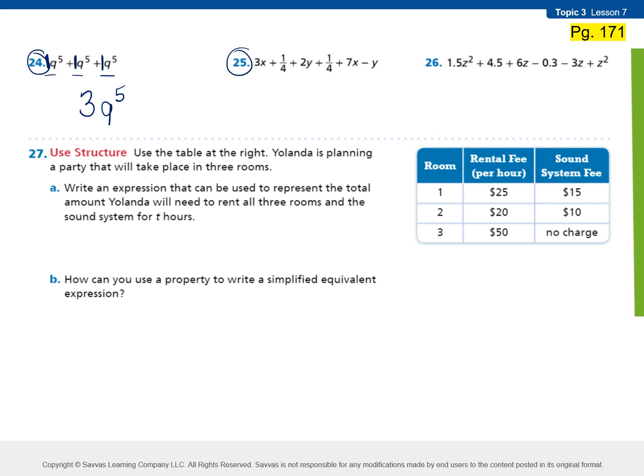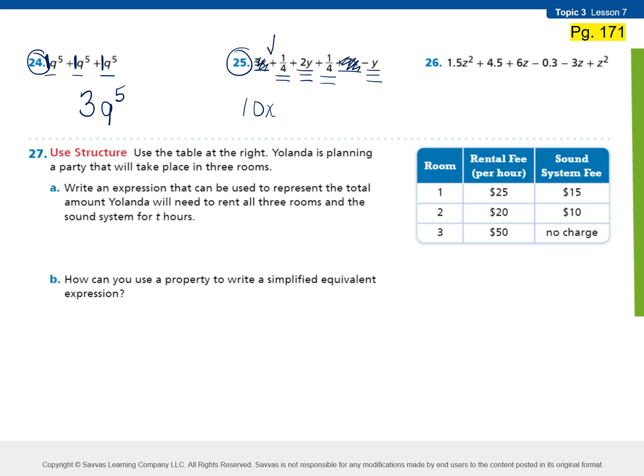On 25, let's underline our like terms. I have a 3x plus a 7x. We have a 1/4 plus another 1/4. And then you have a 2y minus a y. So let's start with 3x plus 7x. That would make 10x.